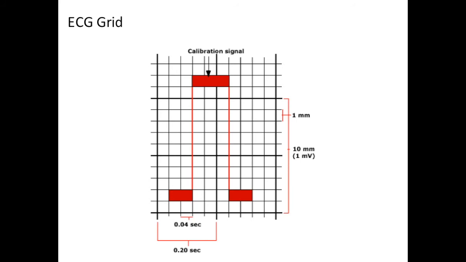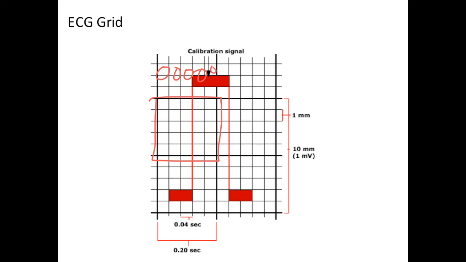This is a magnification of what the ECG paper looks like. You can see it has large boxes, and then in each large box you have 5 small boxes.